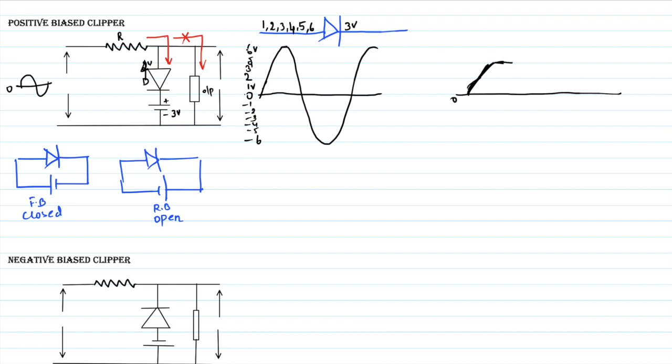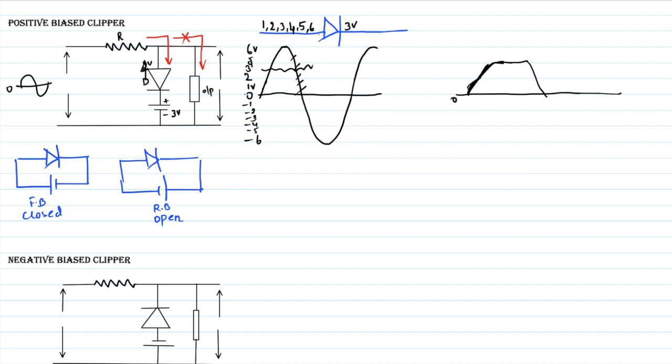Again you have to check for 5, 4, 3, 2, 1. Till 3 volt you will not get any output because the anode voltage is greater than the cathode. Now again for 2, 1, 0 you will get an output because the anode's voltage is less.